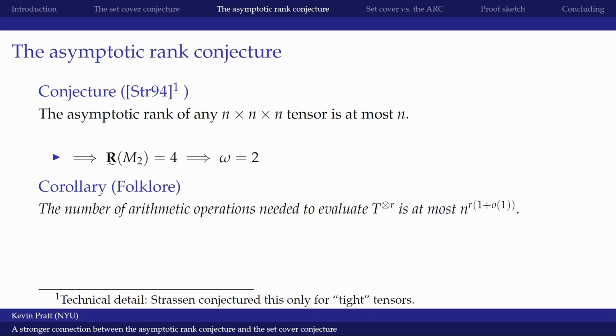So this is essentially the fastest algorithm you could hope for evaluating T to the r. And this is just because T to the r is a polynomial in like n to the r many variables. So this conjecture would imply extremely fast algorithms for evaluating certain degree 3 polynomials.